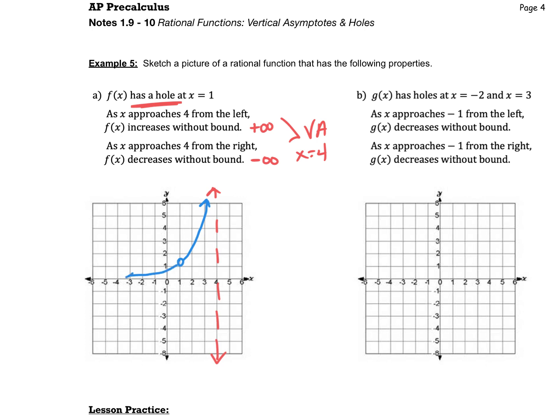I don't know what else it's doing, but it might be doing that. On the opposite side of the asymptote, it's decreasing without bound, so it could be doing something like that. There's no hole on that side, it's just decreasing.